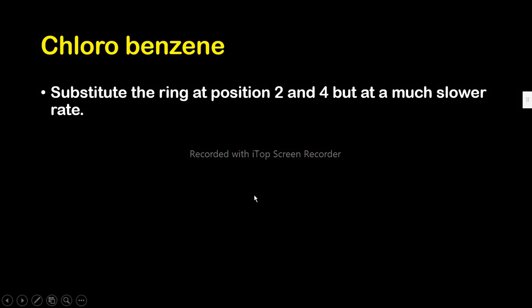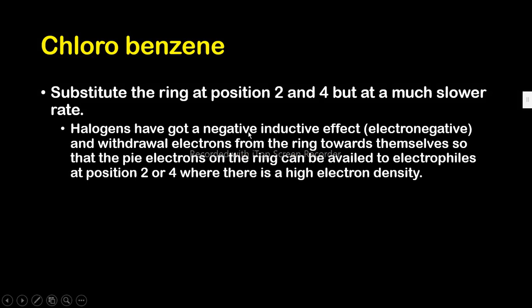Yes. So the halogens have got a negative inductive effect, that is they are more electronegative, and so they withdraw the electrons from the ring towards themselves, so that the pi electrons on the ring cannot easily be availed, so that's why they make the reaction much slower.